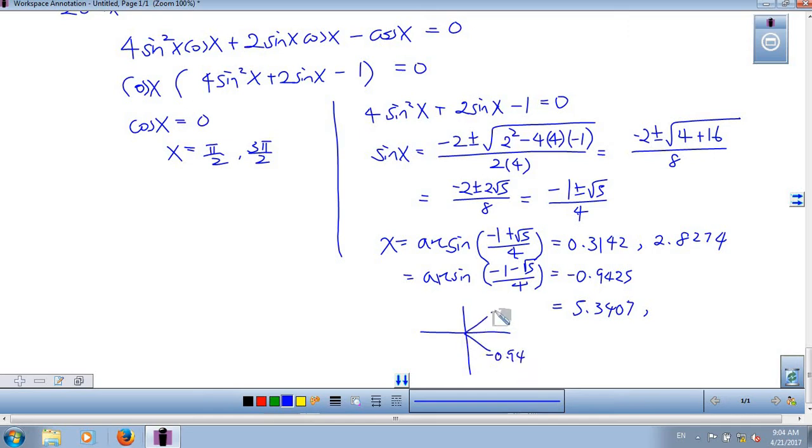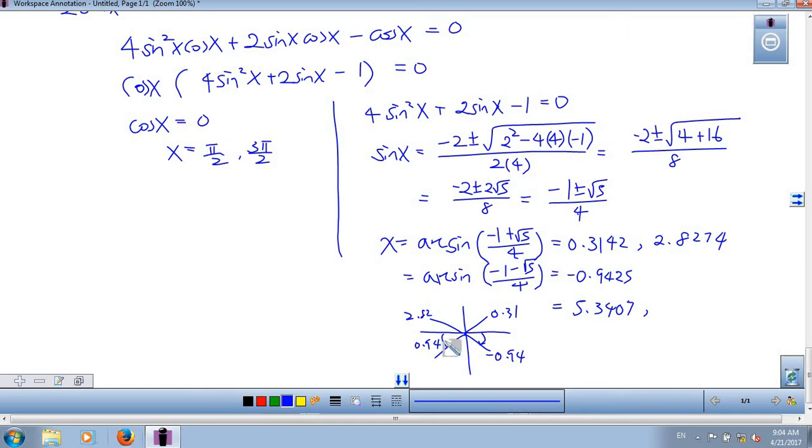This was 0.31, and this is 2.82. So we know there's another angle here. This space here is negative 0.14, that means going down here should also be 0.94.